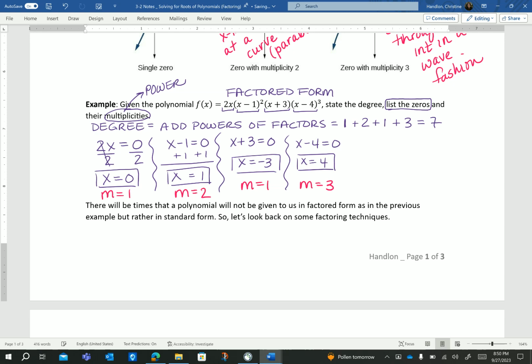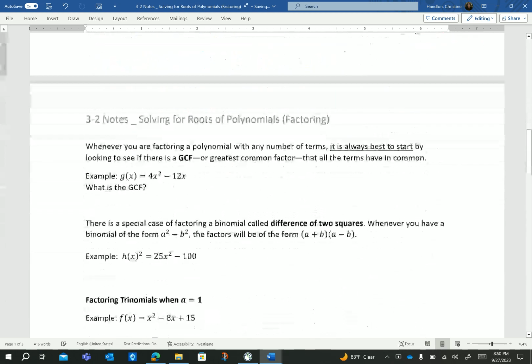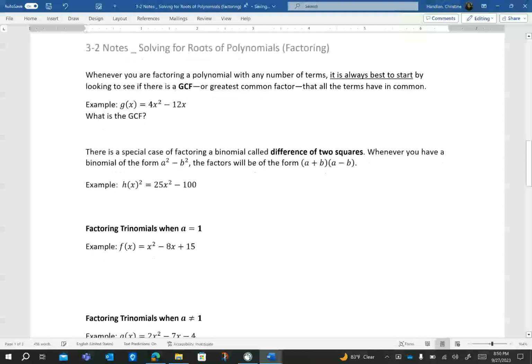Okay? There will be times, though, that a polynomial will not be given to us in factored form, but rather in standard form. So let's look back at some factoring techniques to see what we would do if it's not given to us in factored form.